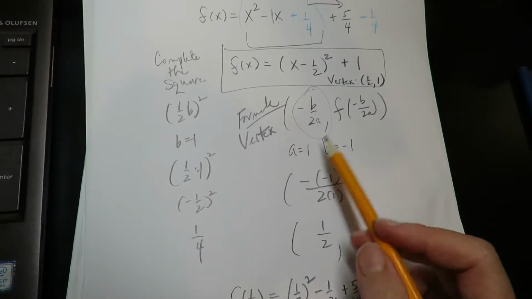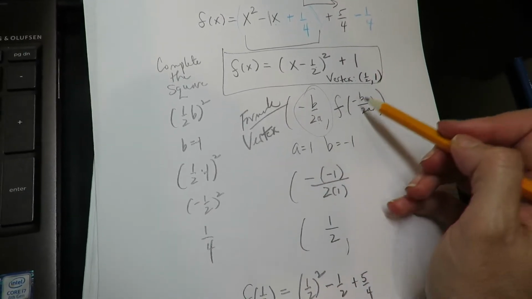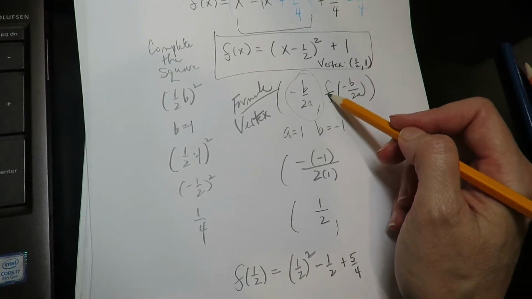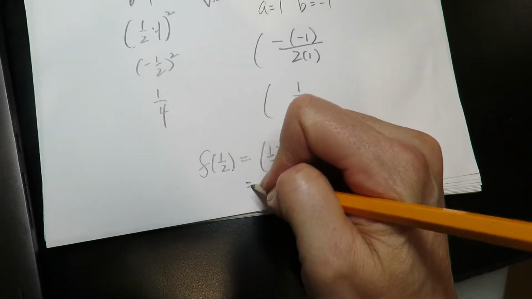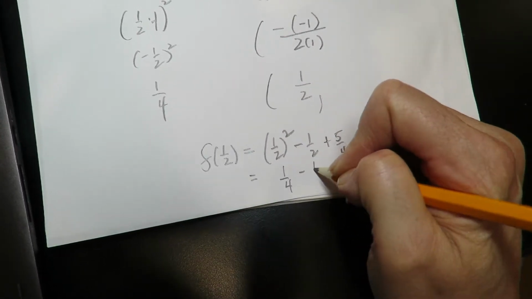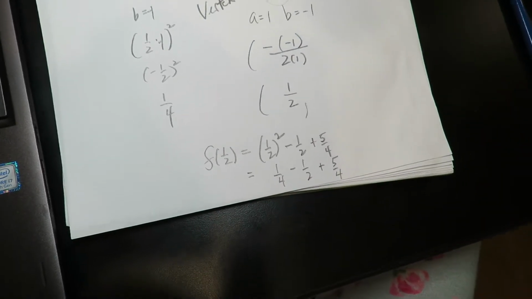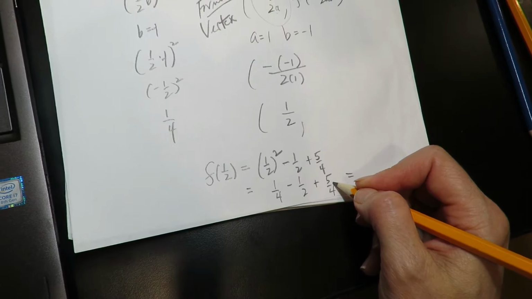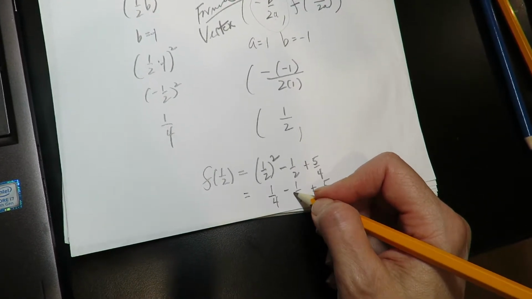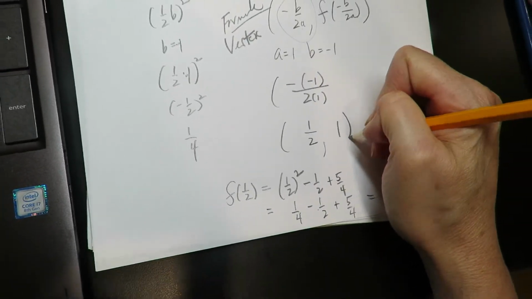So again, if you're using the formula, you first have to figure out what negative b over 2a is, and then plug that into f to find what your y is. Okay, and we can see that 5/4 and 1/4 is 6/4, which is 3/2. Take away 1/2, that's 1. Okay, you can see that it's going to come out to be that.